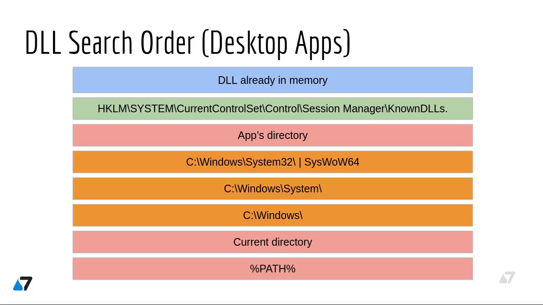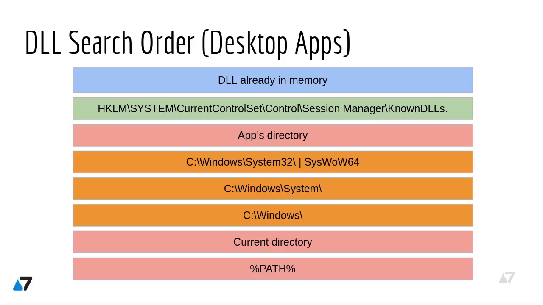For desktop apps, the order is the following. First, look if the module is already in the address space of the process. Then check known DLLs by reviewing the list of values in a registry key. Then check the application folder.